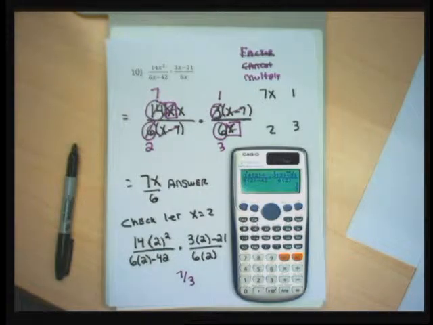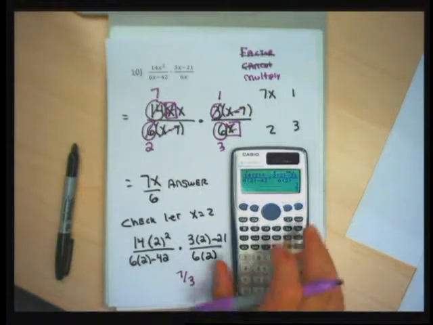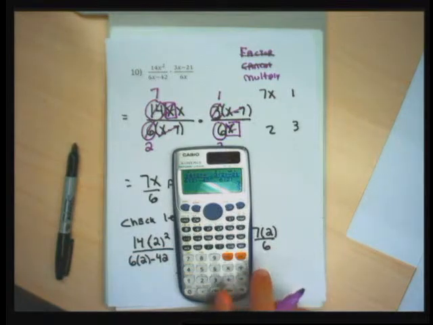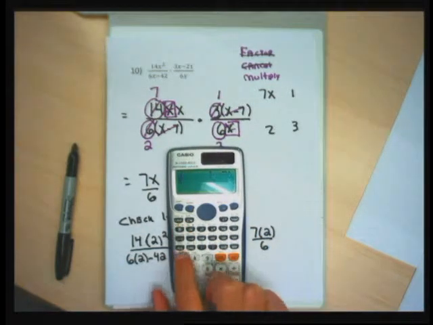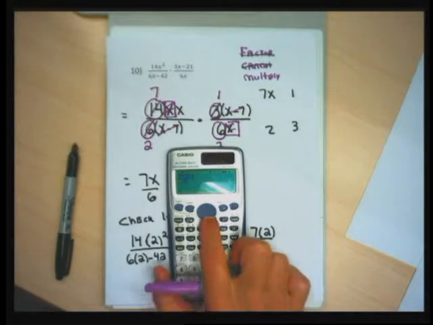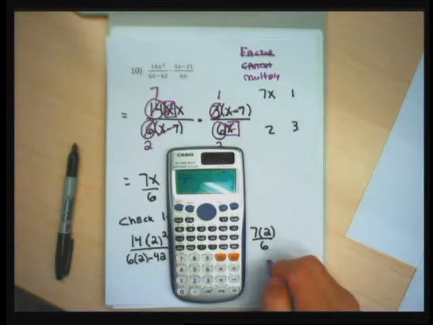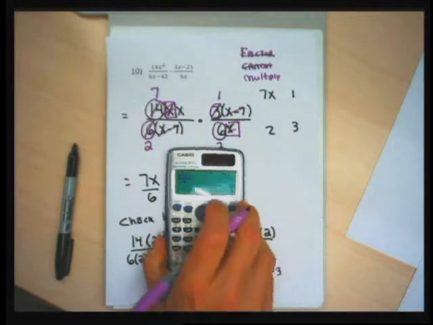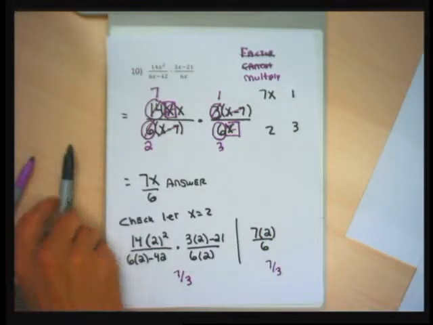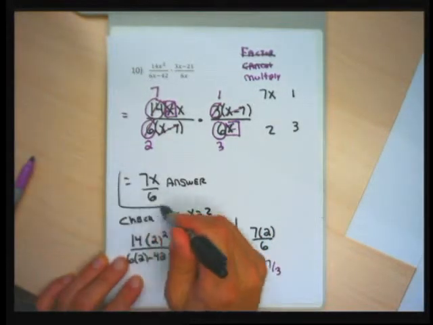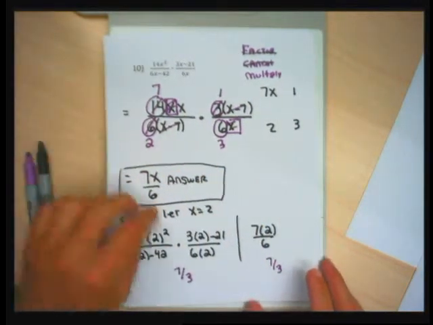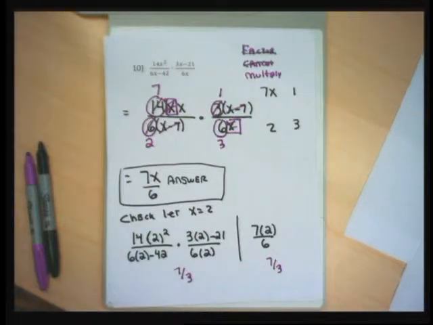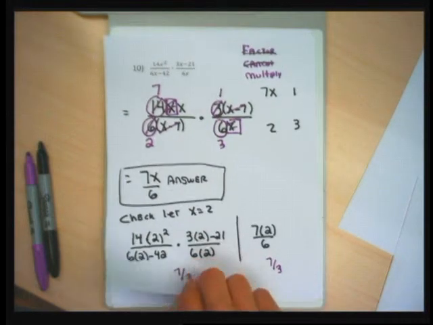For my answer to be a correct answer, when I do the computation 7 times 2 over 6, I best also get 7/3. This was a lot easier, so I'm going to go 7 parentheses 2 over 6, and I get 7/3 again. So my best guess is that my answer is correct because when I took a number and plugged it into the unreduced problem, I got the same result as plugging the number into the reduced problem. All right, I'll keep going.